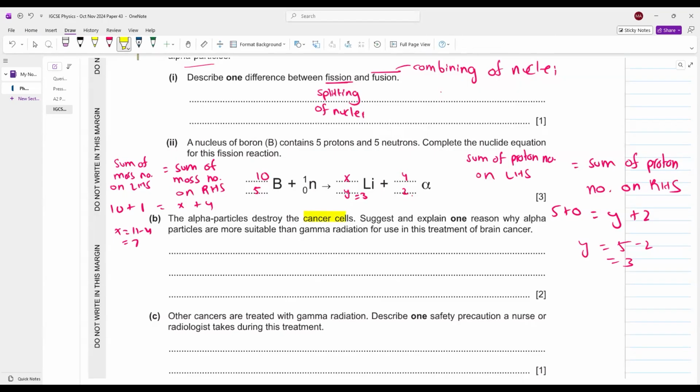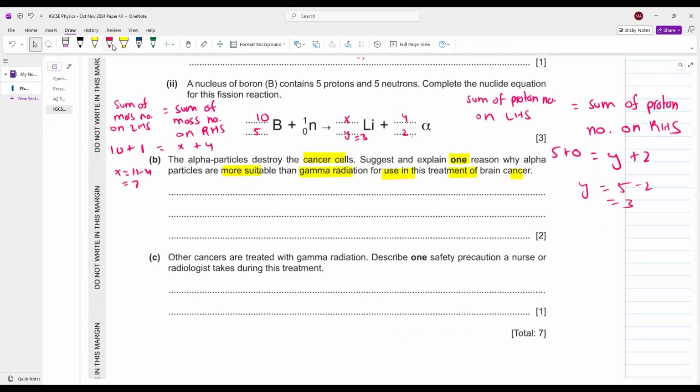The alpha particles destroy the cancer cells. Suggest and explain one reason why the alpha particles are more suitable than gamma radiation for use in the treatment of brain cancer. Why are alpha particles more suitable? Alpha particles have a greater ionization power, a greater ionization effect.